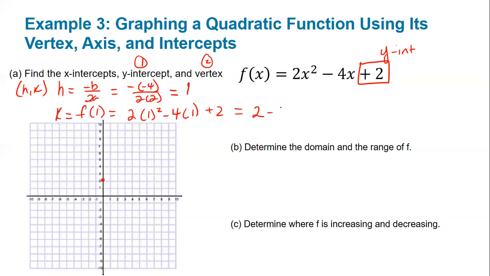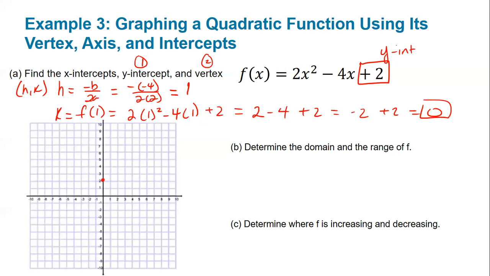Negative 4 times 1 is negative 4. And plus 2. Left to right, 2 minus 4 equals negative 2, plus 2. And that's how you end up with 0. If you did not go left to right, I've seen people get 4, and I'm like, how'd you get 4? The 2's go away. Just makeup math.